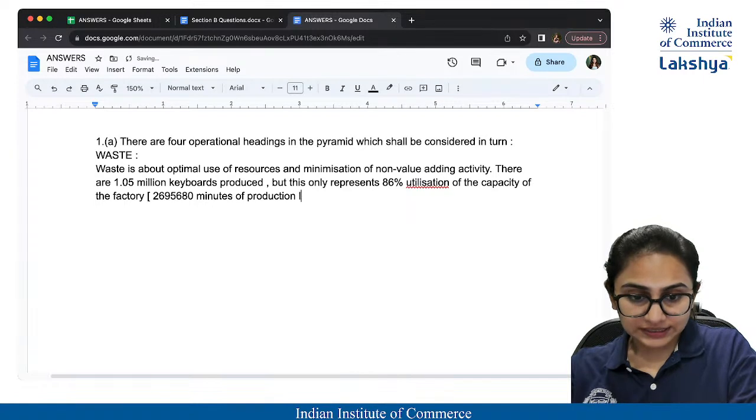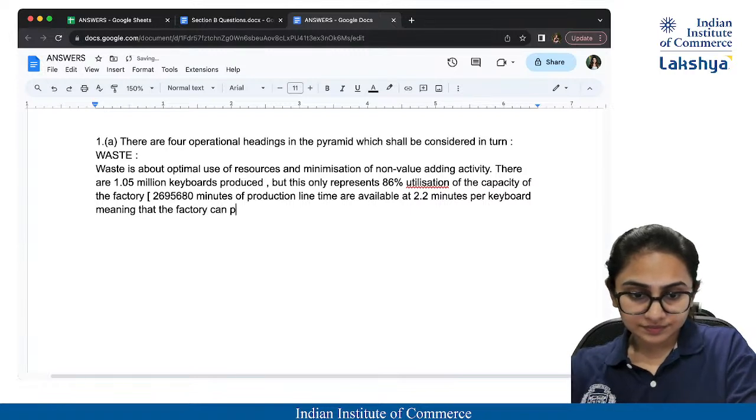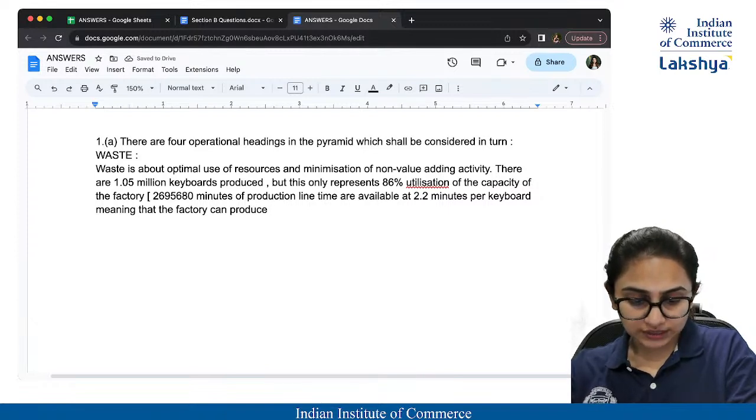Minutes of production line time are available at 2.2 minutes per keyboard, meaning that the factory can produce 2695680 divided by 2.2, that is 1225309 at full capacity.